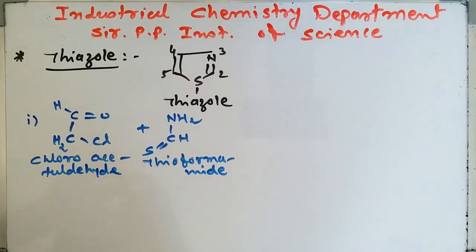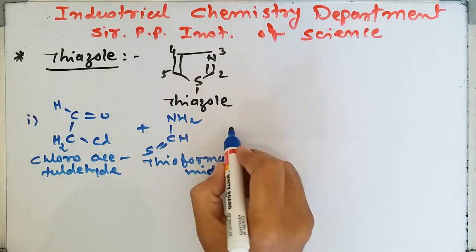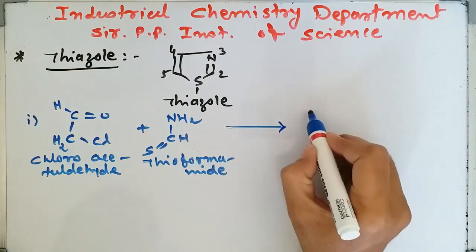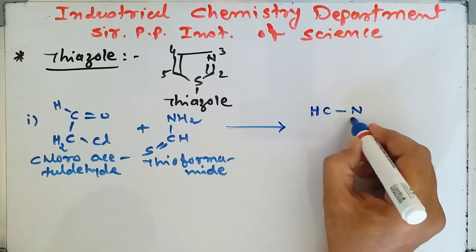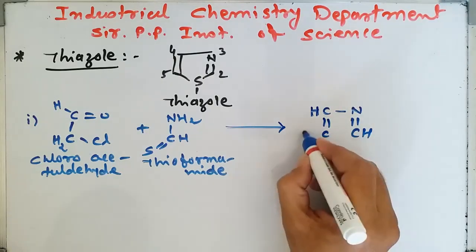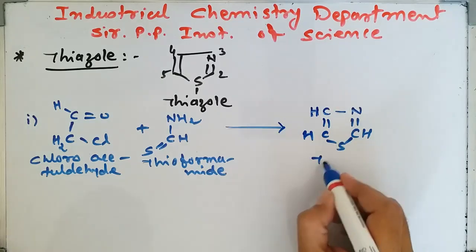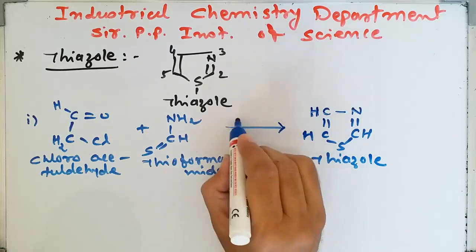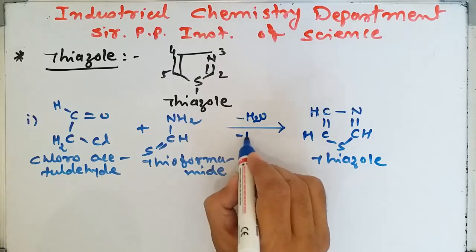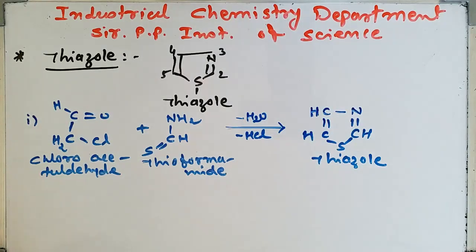Thiazole may be synthesized from chloroacetaldehyde and thioformamide. Chloroacetaldehyde is OHC-CH2Cl, and the second compound is thioformamide, NH2CH=S. With removal of H2O and HCl, when treated with chloroacetaldehyde and thioformamide, we get thiazole.